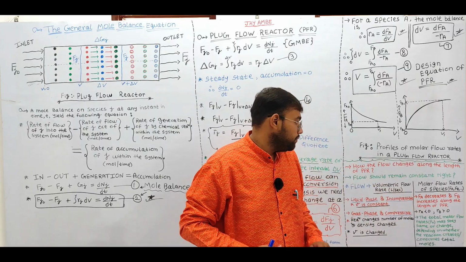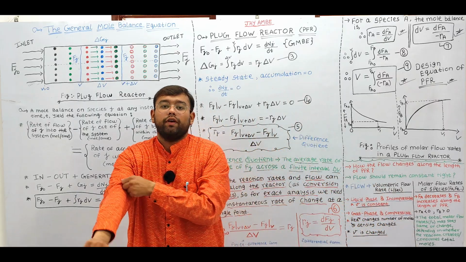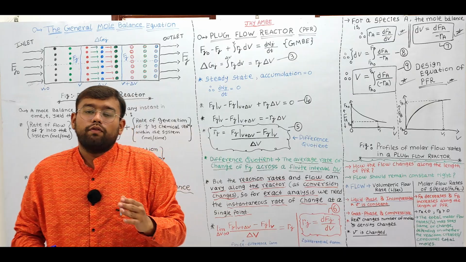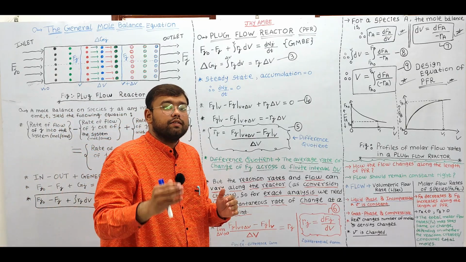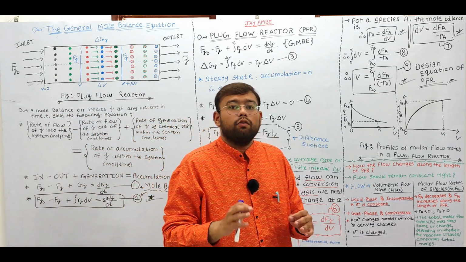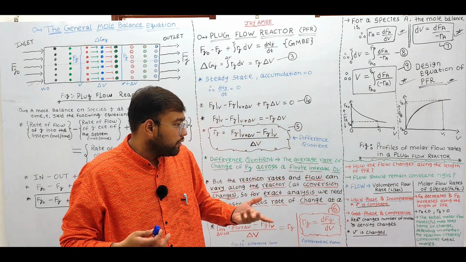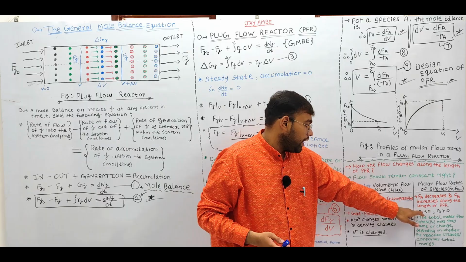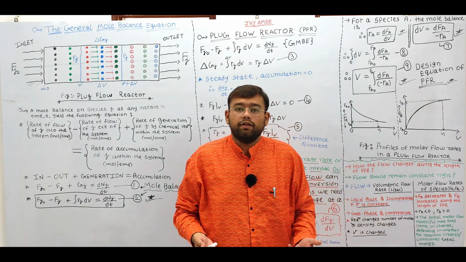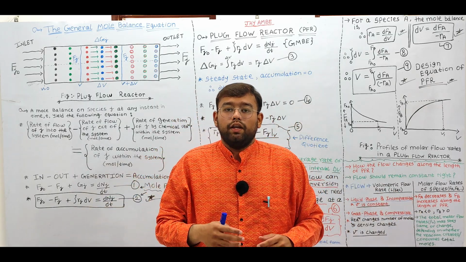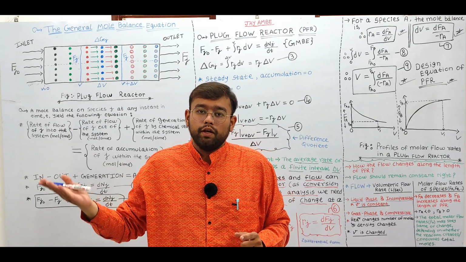I hope you understood. Now the rate of reaction of reactants and products. The rate of reaction of reactants will be less than 0, and the rate of reaction of product will be greater than 0. I have already explained why we write Ra less than 0 and Rb greater than 0 in the previous lectures. If you want to recall, please watch my previous lectures.